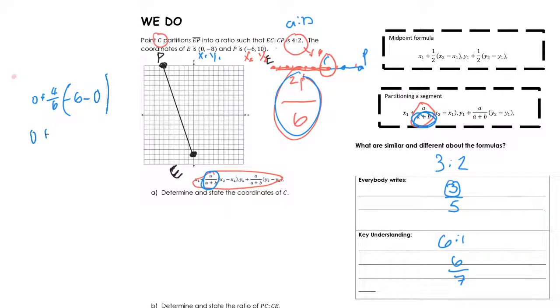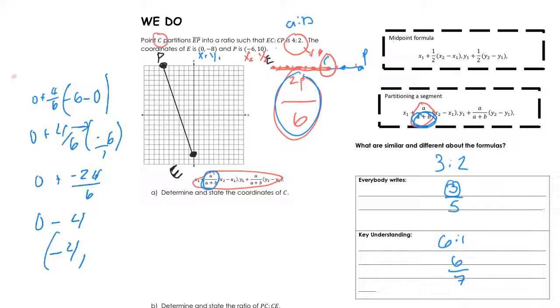So it's 0 plus 4/6 times negative 6. So this would be negative 24 when I multiply the fraction. You want to put it over 1. Negative 24/6. Which is just 0 minus 4. So my x-coordinate is negative 4 for this point.